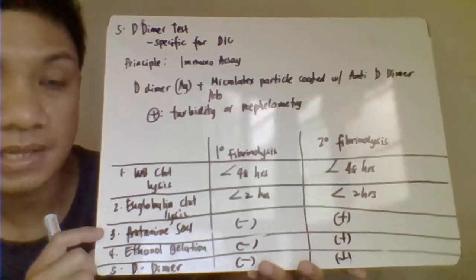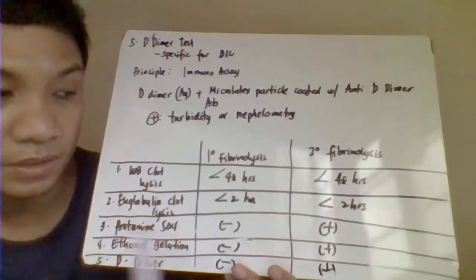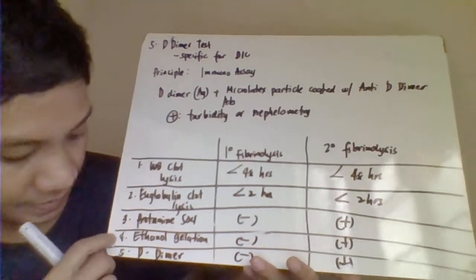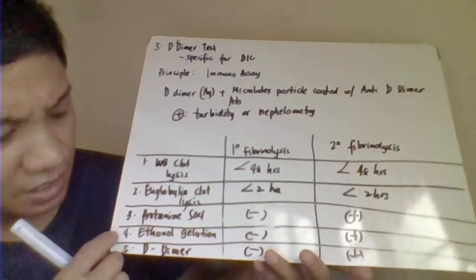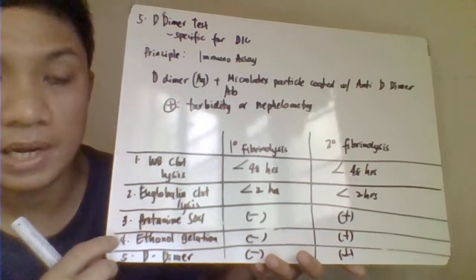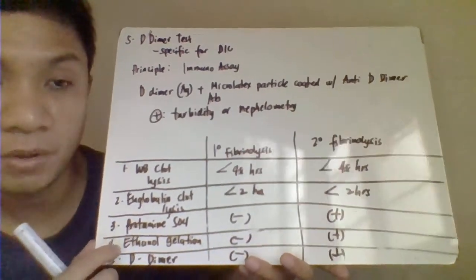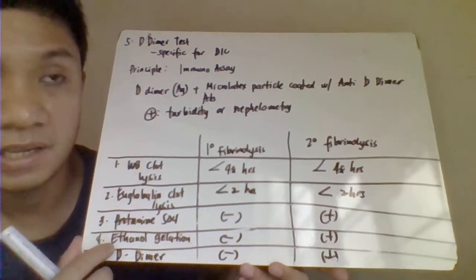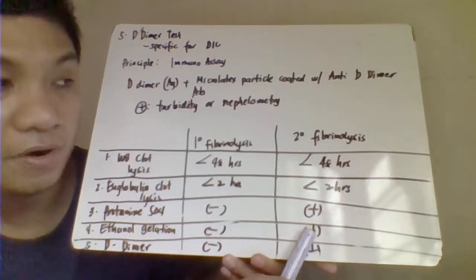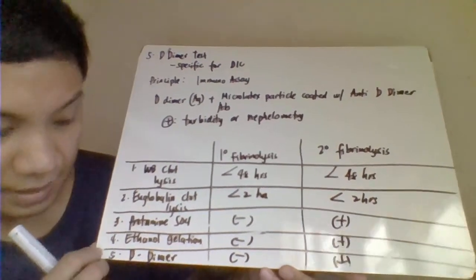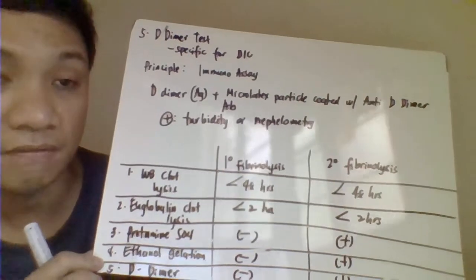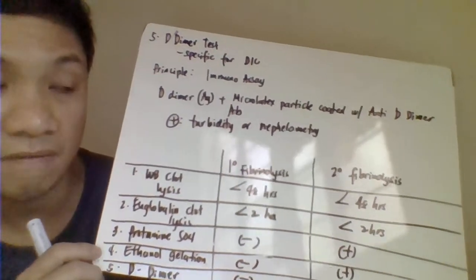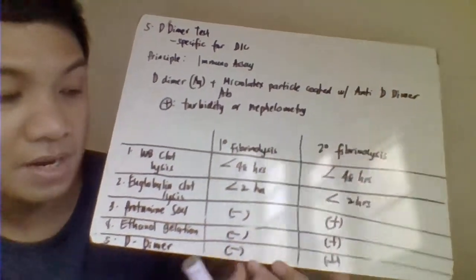Protamine sulfate will identify the presence of fibrin monomer, so dito lang siya sa ating secondary fibrinolysis. Ethanol gelation test will also identify the presence of your fibrin monomer, which will only give a positive result with your secondary fibrinolysis. And your D-dimer, again, is only specific for the secondary fibrinolysis but not the primary fibrinolysis. So, positive here and negative for that one.